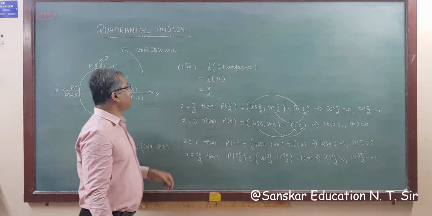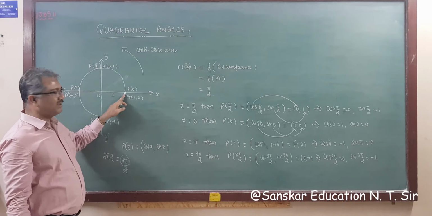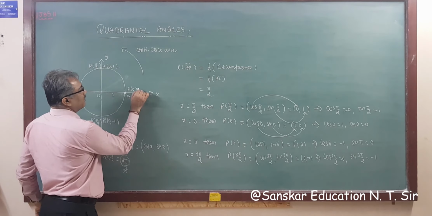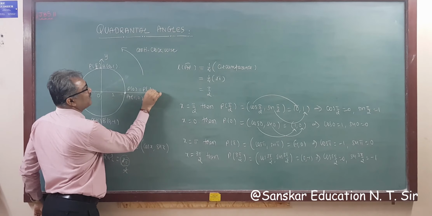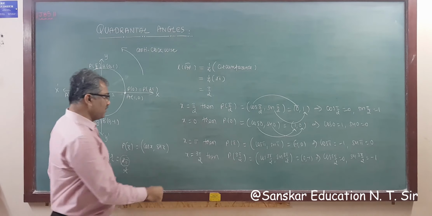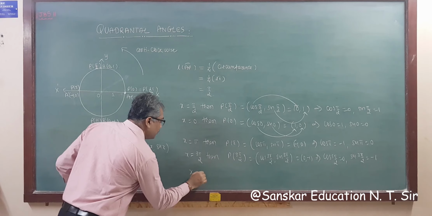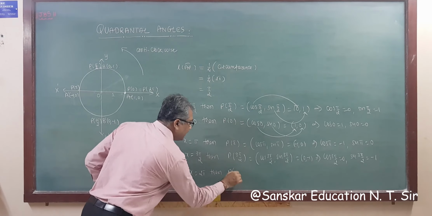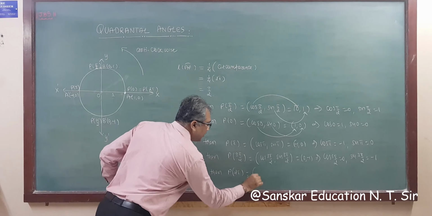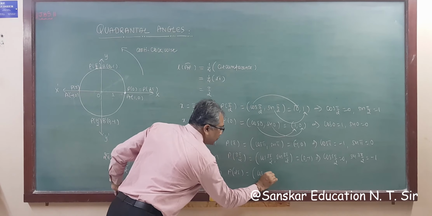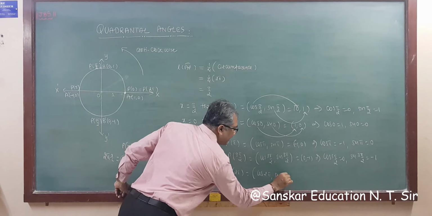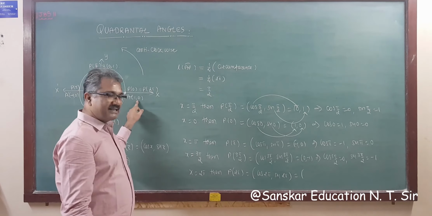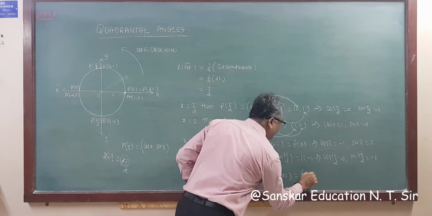And suppose after completing one revolution, that is after traveling 2 pi radians, this is your P 2 pi also. So x is equal to 2 pi, then P 2 pi is equal to cos 2 pi, sin 2 pi, and the point is again 1, 0.